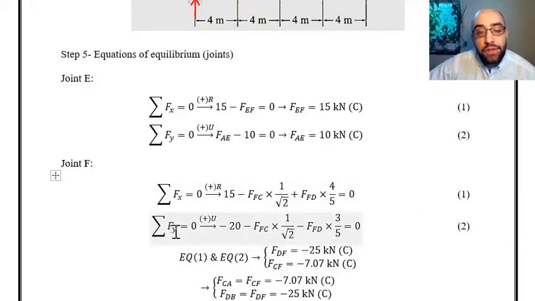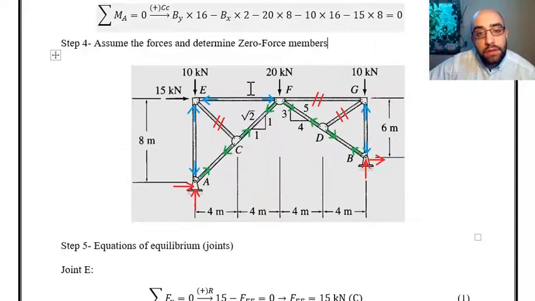The second equation is summation of forces in vertical direction. Over here you can see I have minus 20 kilonewton minus the vertical component of the force in member FC, and again minus the vertical component of the force in member FD.